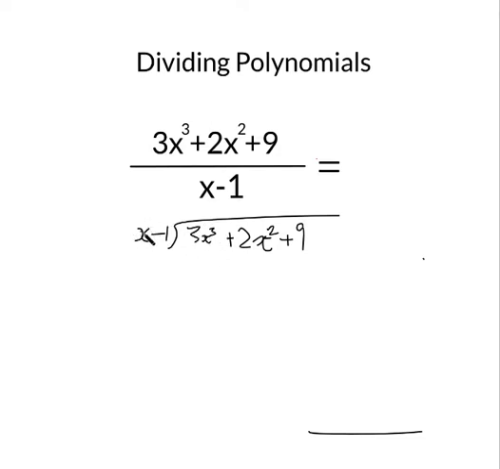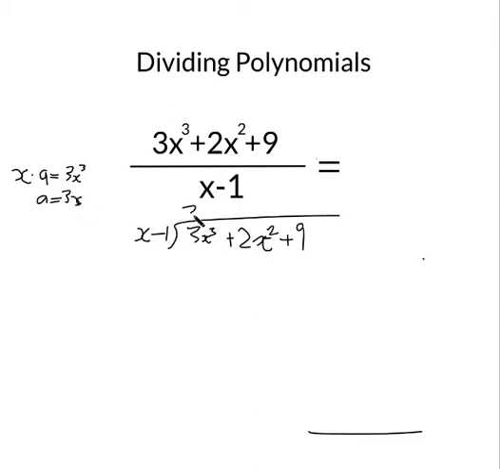If we want to multiply something by x in order to get 3x cubed, let's set up an equation on the side to figure out what that would be. x times some unknown constant or variable a would give us 3x cubed. If we divide both sides by x, we get that a equals 3x squared.